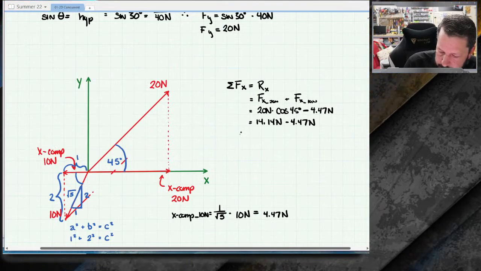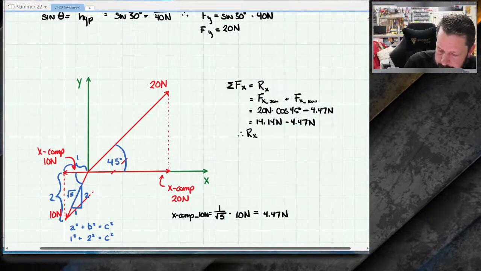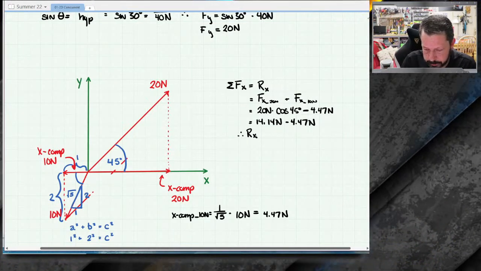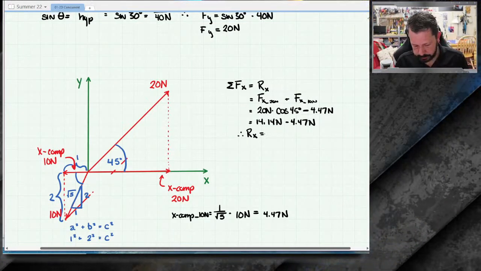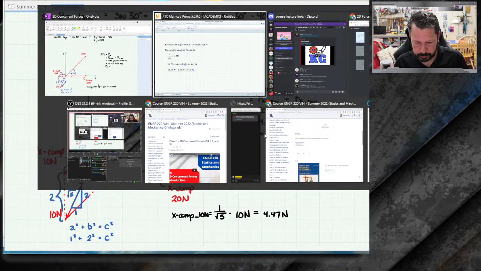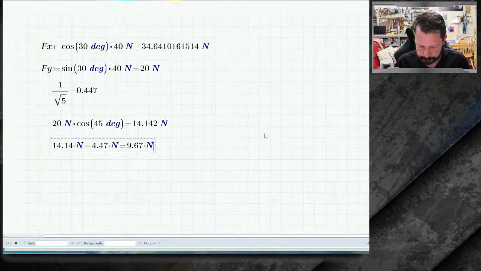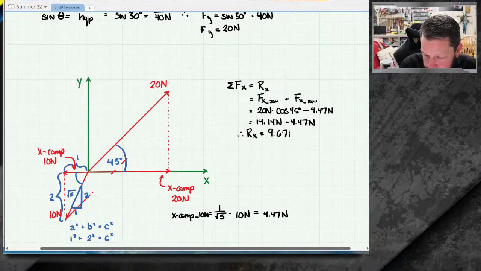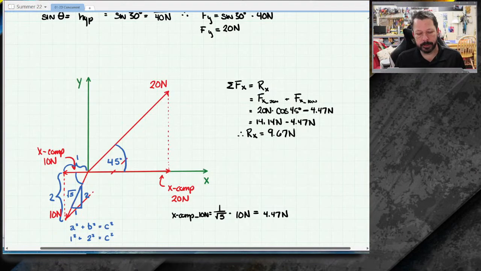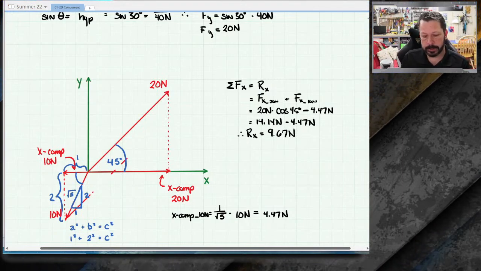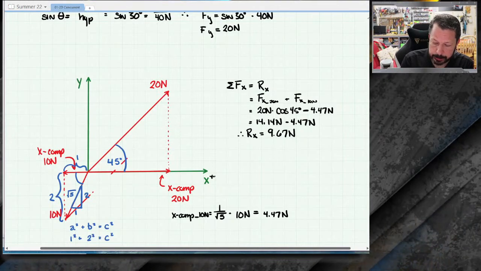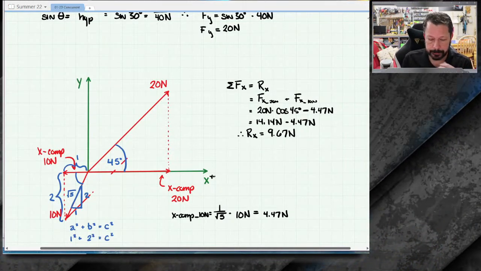So Rx, the x component of the resultant of these two forces added together, equals 9.67. And it's positive. The positive means that the resultant x component is to the right, because I have drawn x positive when it goes to the right. That's the way I drew the thing.